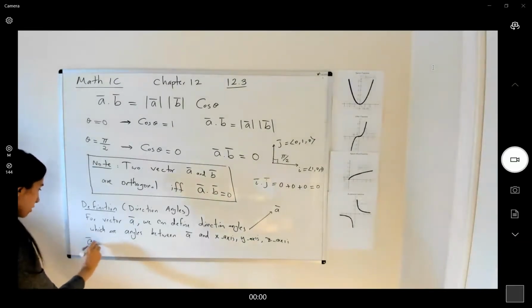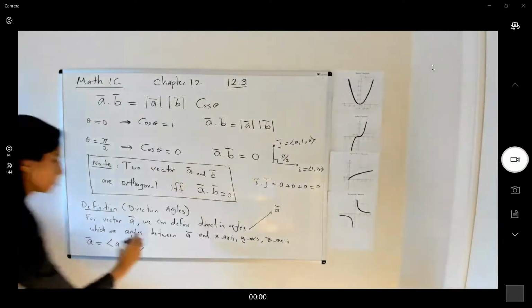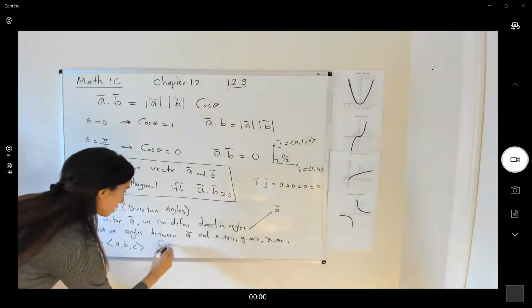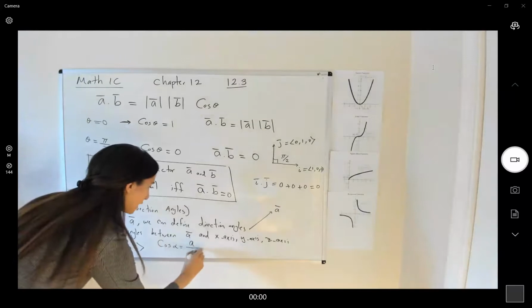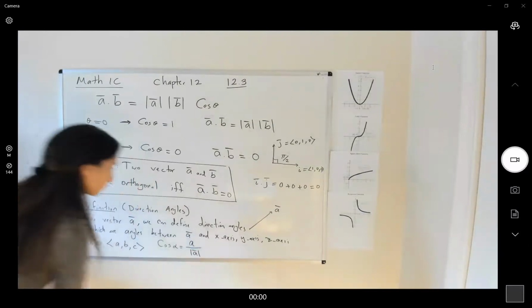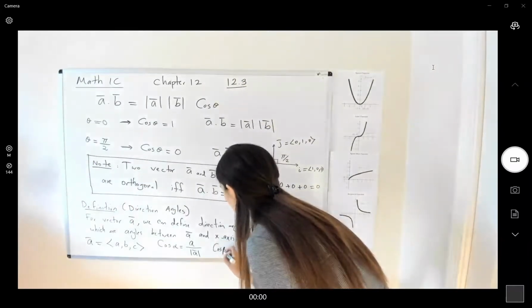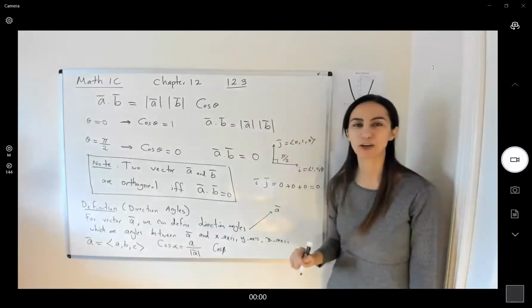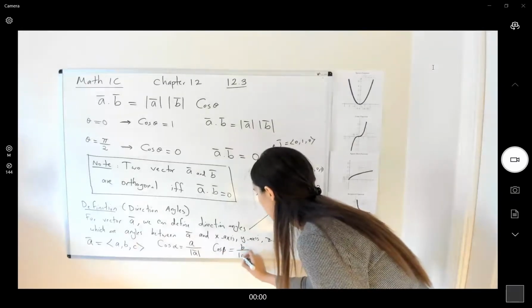We define it this way. For vector A, suppose you have components A, B, C. The angle between A and the x-axis, let's call it alpha. Cosine alpha is going to be A divided by the magnitude of vector A. Cosine of beta, where beta is the angle that vector A forms with the positive side of the y-axis, is the second component, B, divided by the magnitude of the vector.